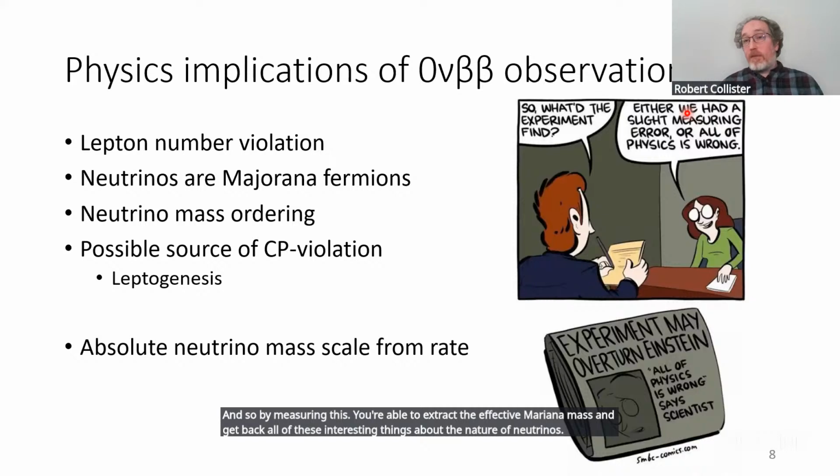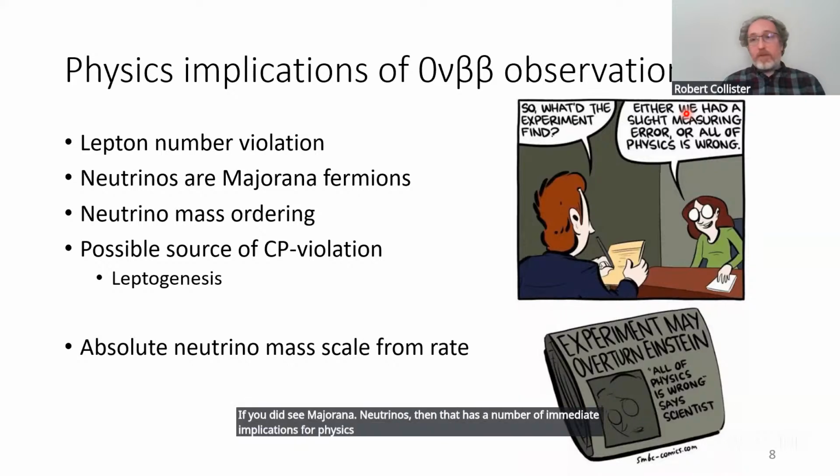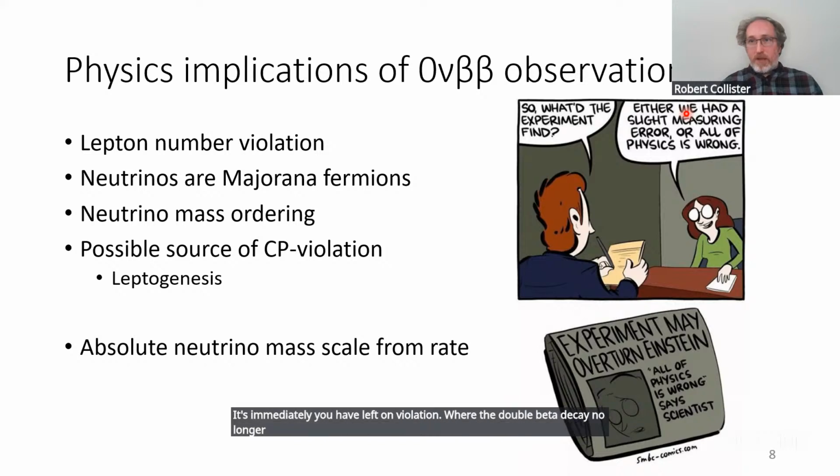If you did see Majorana neutrinos, then that has a number of immediate implications for physics beyond the standard model. Immediately you have lepton number violation, where the double beta decay no longer conserves lepton number because you've got an initial state that has 0 leptons and a final state that has just 2 non-anti, so straight leptons, not anti-leptons.